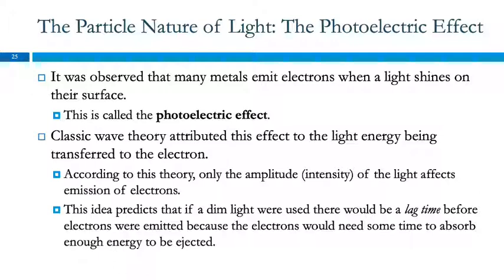Classic wave theory says this is the light energy being transferred to an electron. And this theory says that only the intensity, the amplitude of the light, would affect the emission of the electrons. So this predicts that if you used a dim light, there'd be a lag time before electrons were emitted because they would have to absorb enough energy before they could be ejected.